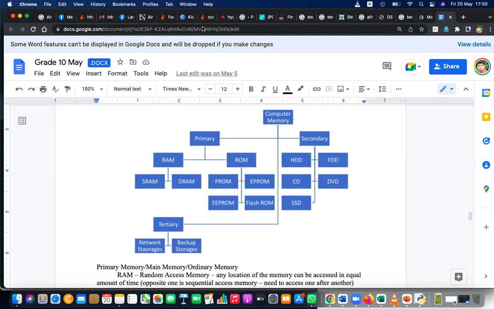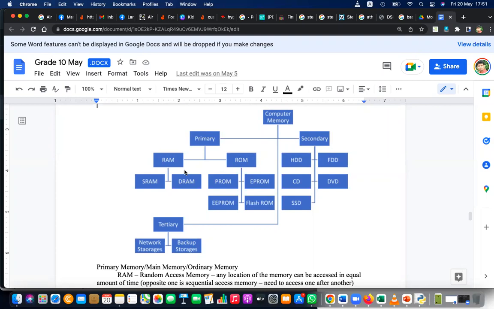So that is like random access memory. Anywhere in the memory will be accessed within the same time, so we call that random access memory. Understood? Yes, sir.